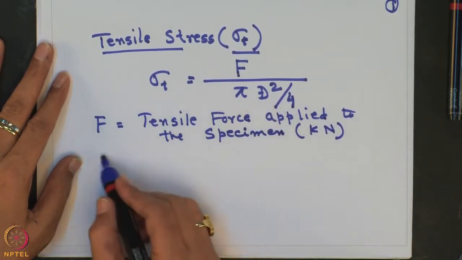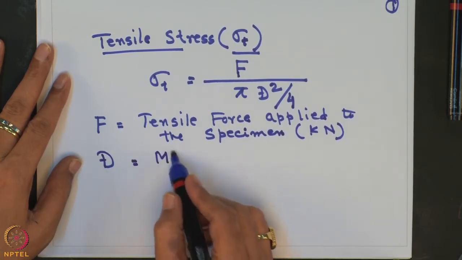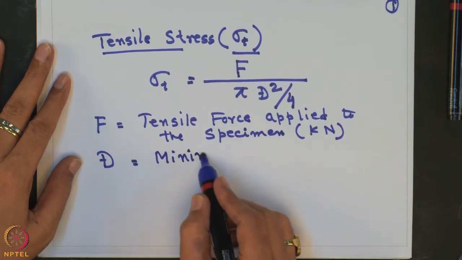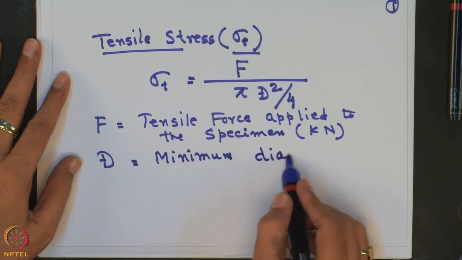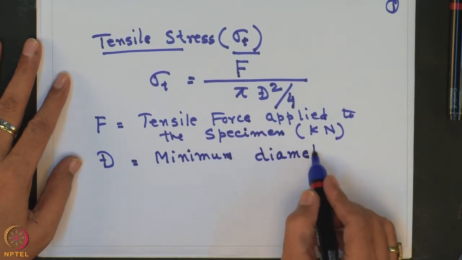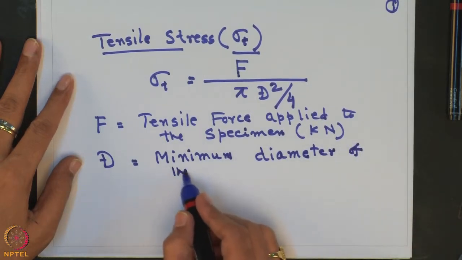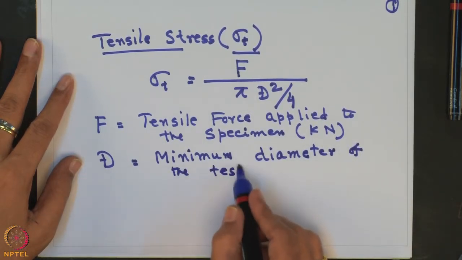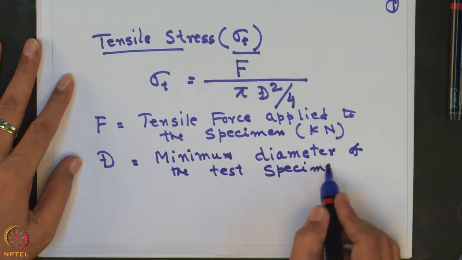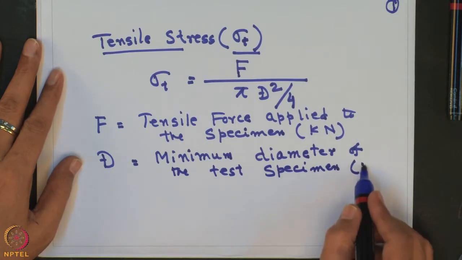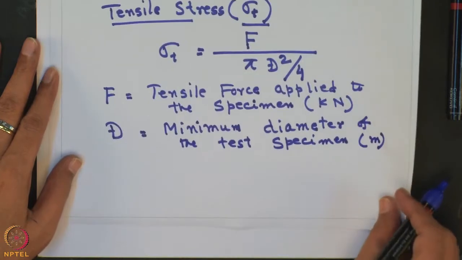And D is the minimum diameter of the test specimen, let us say in terms of meter.